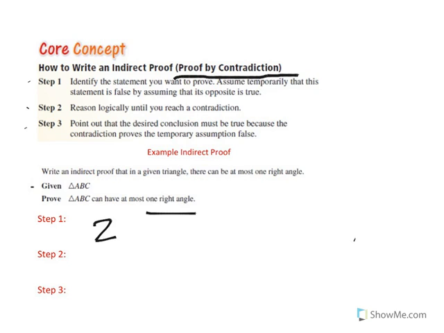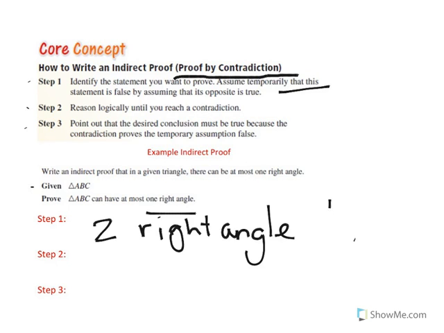Let's think about this. Every triangle has a total of how many degrees when we add up all of our angles? Our total will always equal 180 degrees.